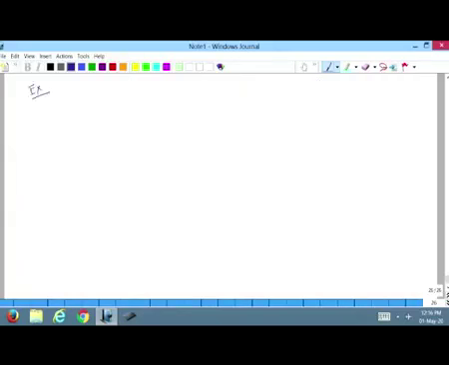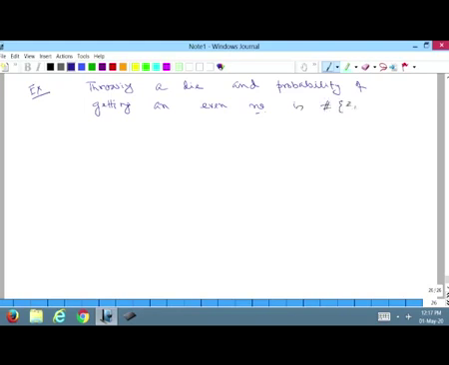Example, throwing a die and probability of getting an even number is cardinality of 2, 4, 6 divided by cardinality of omega is equal to 3 by 6 is equal to half.